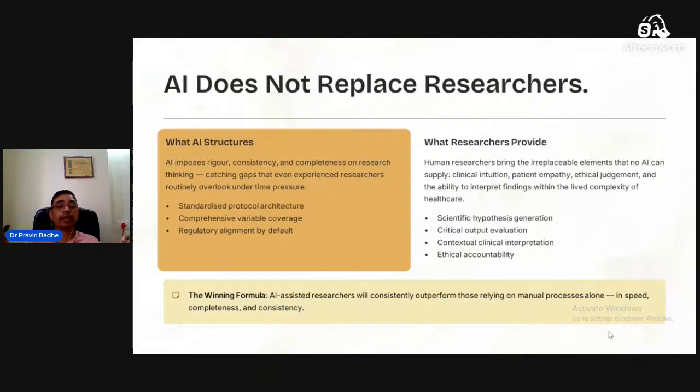That way you can catch the gaps which can sometimes be difficult even for an experienced researcher, by developing a standardized system for building standardized protocols, standardized scientific hypothesis generation, or critical clinical interpretation. All this can be done with AI, with the human researcher in place while using the AI. So that is a very important part to understand.